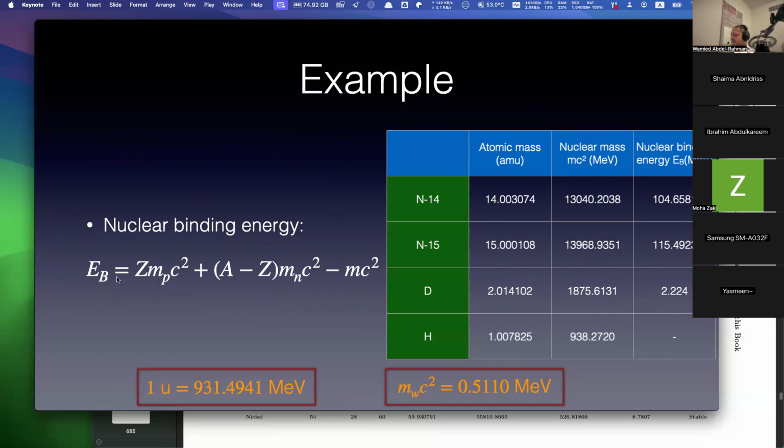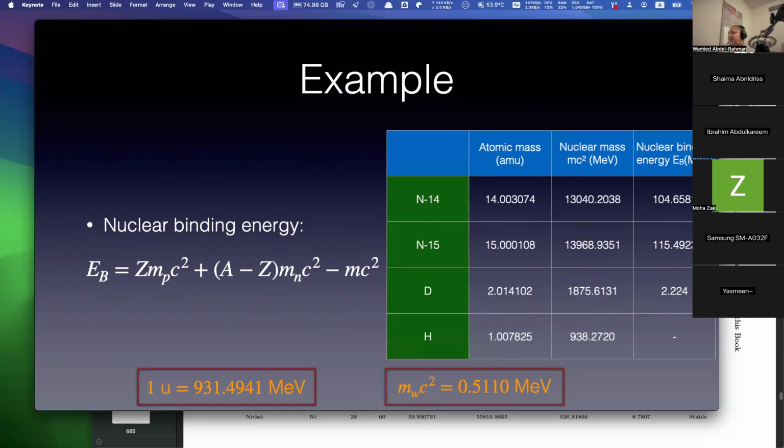Notice that you either have access to a table for nuclear binding energies, or you can calculate it from nuclear masses. So the binding energy of the nucleus is defined as the rest mass energies of the number of protons plus the rest mass energies of the number of neutrons in the nucleus, minus the mass of the nucleus. For example, carbon-12 has 6 protons and 6 neutrons.